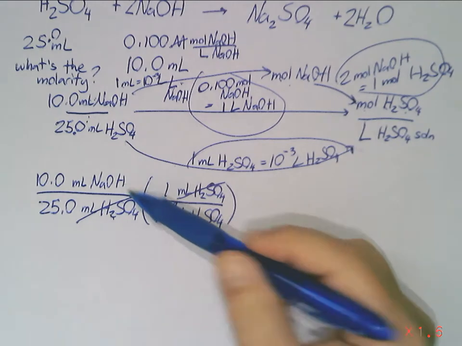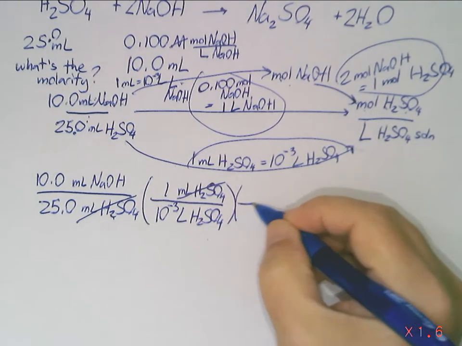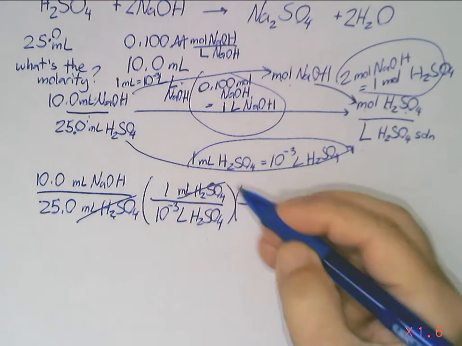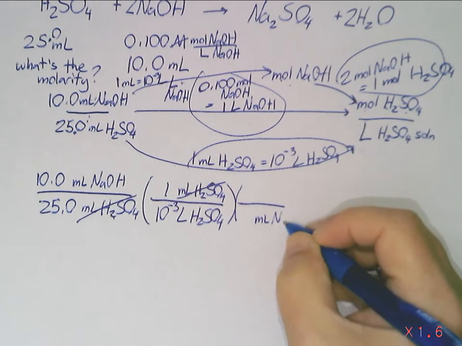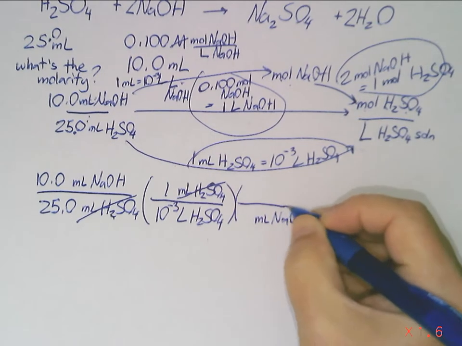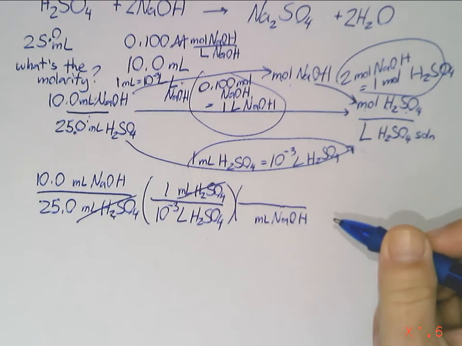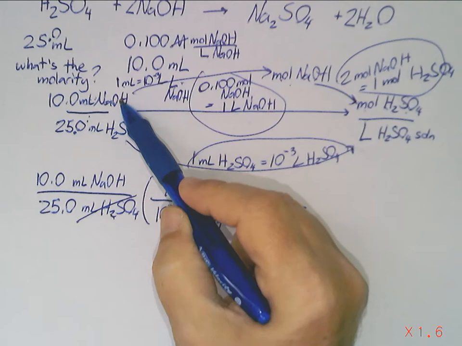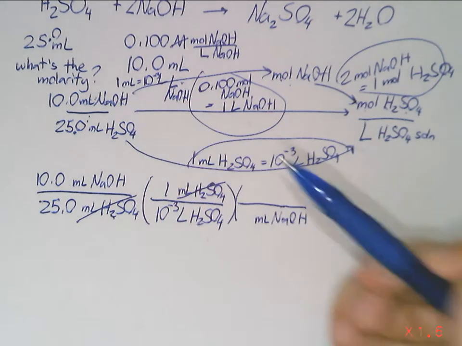So let's work on the top part. Now I've got milliliters of sodium hydroxide that I want to get rid of. All right, if I look here, I can go from milliliters to liters.